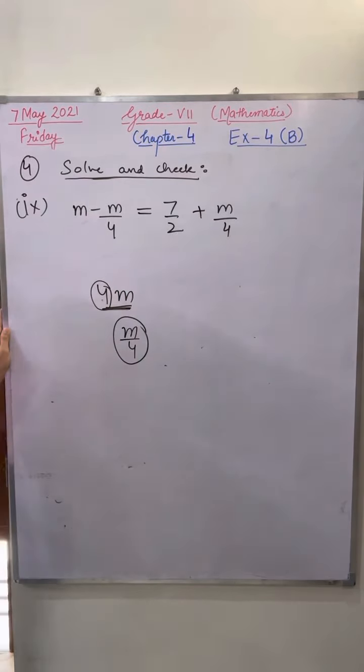Multiply by 2 on both sides. Now 2 multiplied by m by 2 is equal to 7 multiplied by 2 divided by 2. 2 and 2 will get cancelled. So m is equal to 7. Your answer is 7.